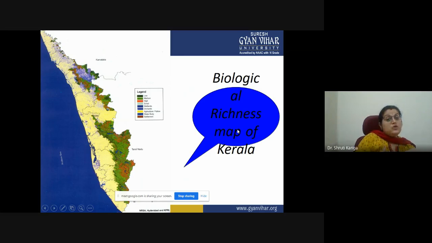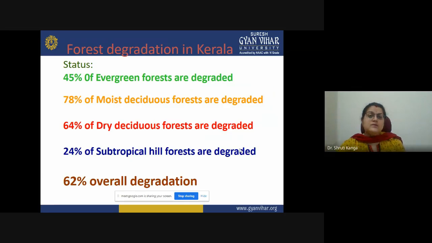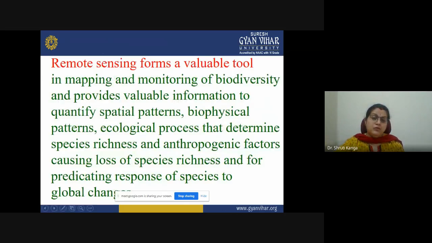This kind of calculation can also be done for the complete state with the help of these geospatial technologies. Now if you see, remote sensing has acted as a valuable tool in forest mapping, any kind of mapping. Why are we saying forest mapping?